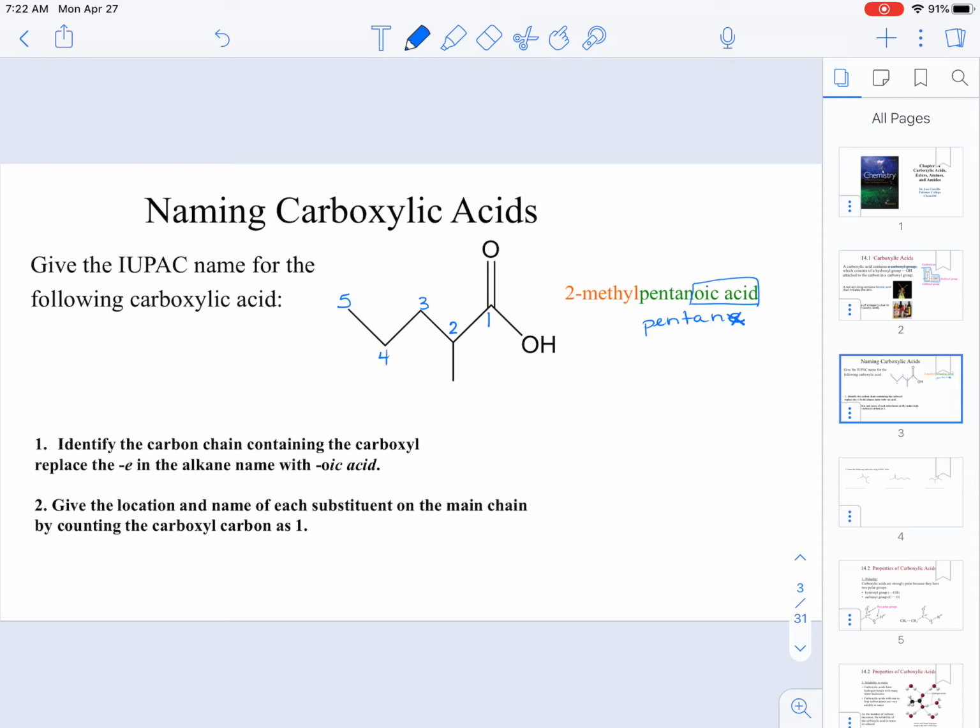That's why the name is pentanoic acid. Understand that if we have a substituent, you need to give its location along the longest carbon chain that contains the carboxyl group, and we have to give this name as a prefix of the name that we gave for the functional group. So as you can see in the molecule given, its name is going to be 2-methyl pentanoic acid.